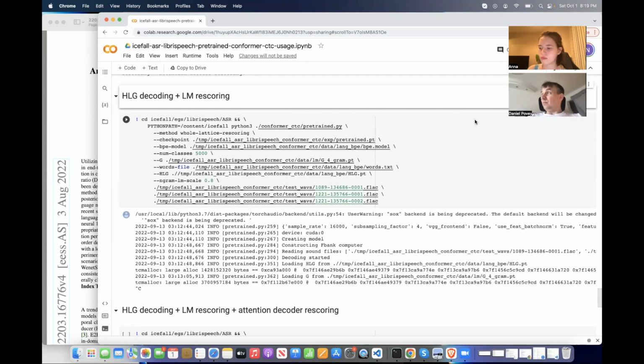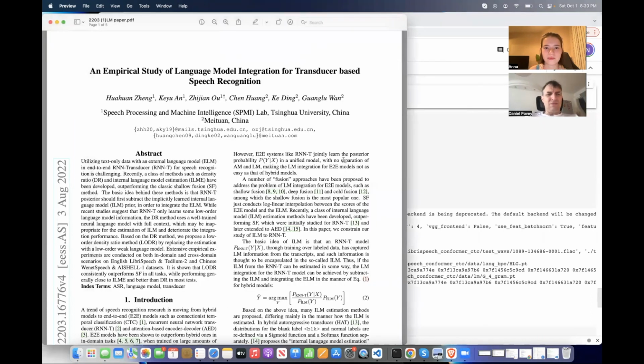Now in general, the problem is that the RNN-T system kind of has an internal language model already. There's been this recent paper from Tsinghua University, plus someone, I think it was Meituan, where they managed to get quite nice improvements by combining the RNN-T with the language model, and then they subtracted a very basic language model that's just a bigram.